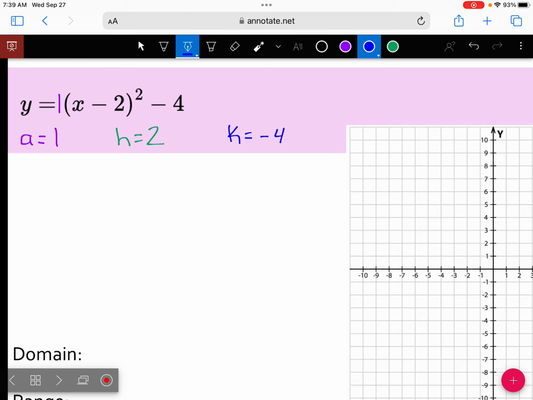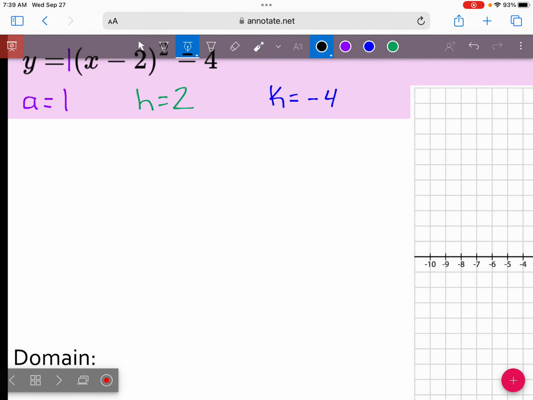So what we're going to do is we're going to do this transformation style, just like we did for the absolute values back in chapter 1. Where we would make our parent table and then we'd apply our transformations. The parent table involves our parent function for quadratics, which is when we think about x squared.